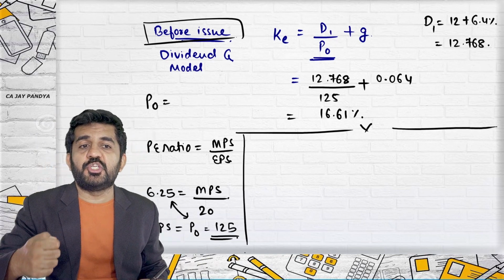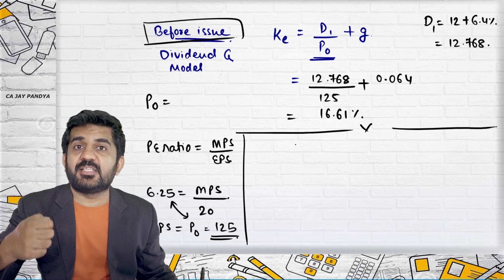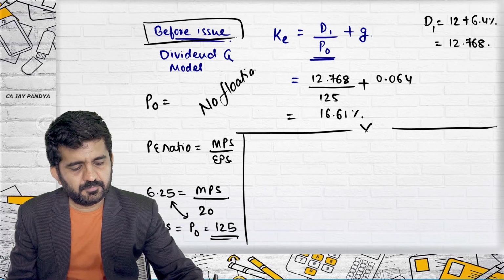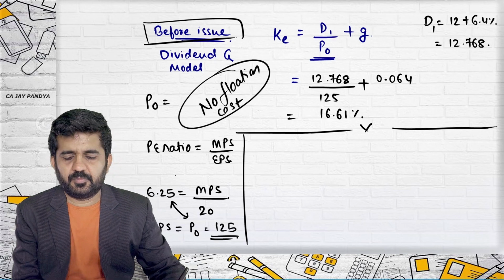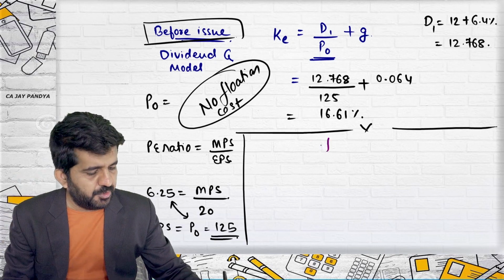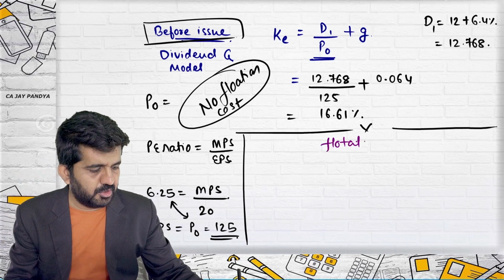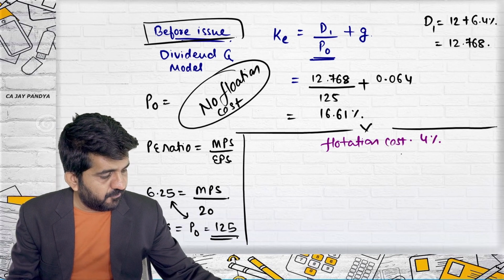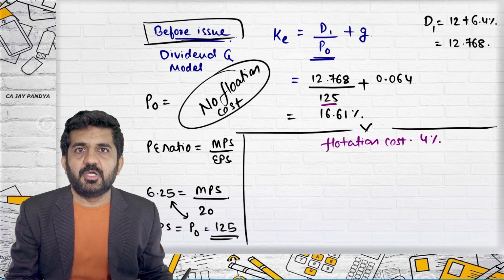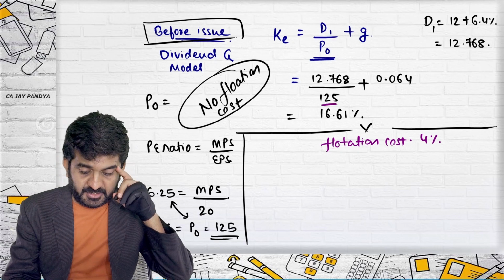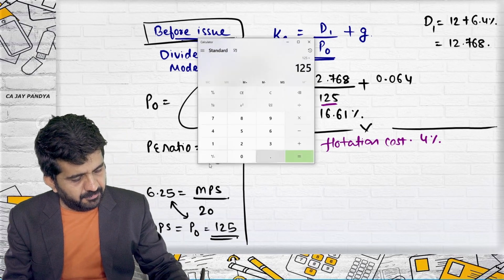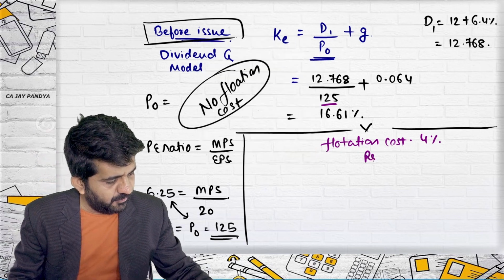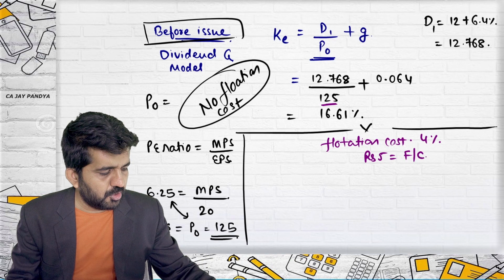See, if you don't issue the shares in the market, there will be no flotation cost. But when the shares are issued in the market, there will be flotation cost. Of how much? 4% of issue price. What is the market price? 125. So 125 multiplied by 4%, that is rupees 5, will be the flotation cost.